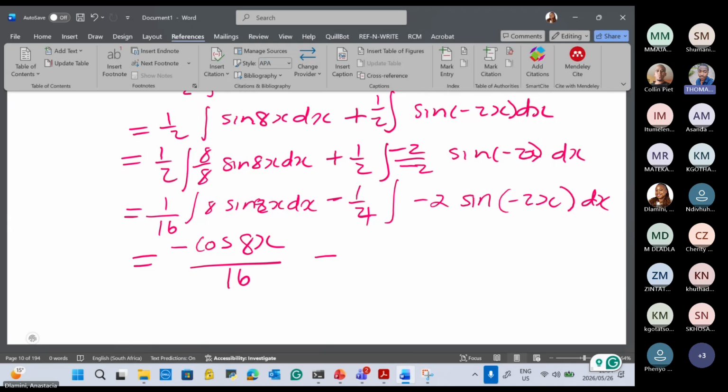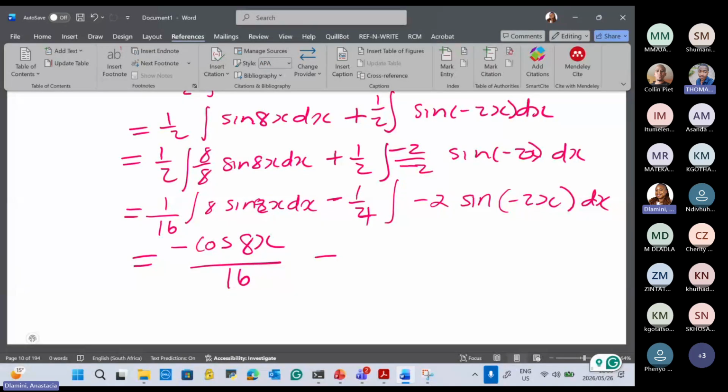No, it will be negative. I'm keeping quiet so that I get an answer. A quick one. Is it possible to integrate the sine with the negative 2x inside? Is it possible to remove that negative inside?